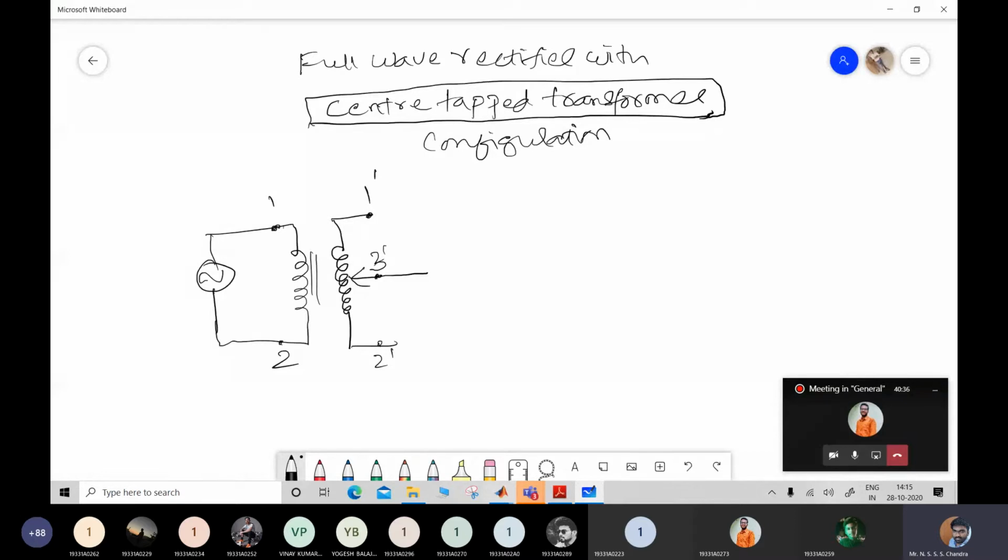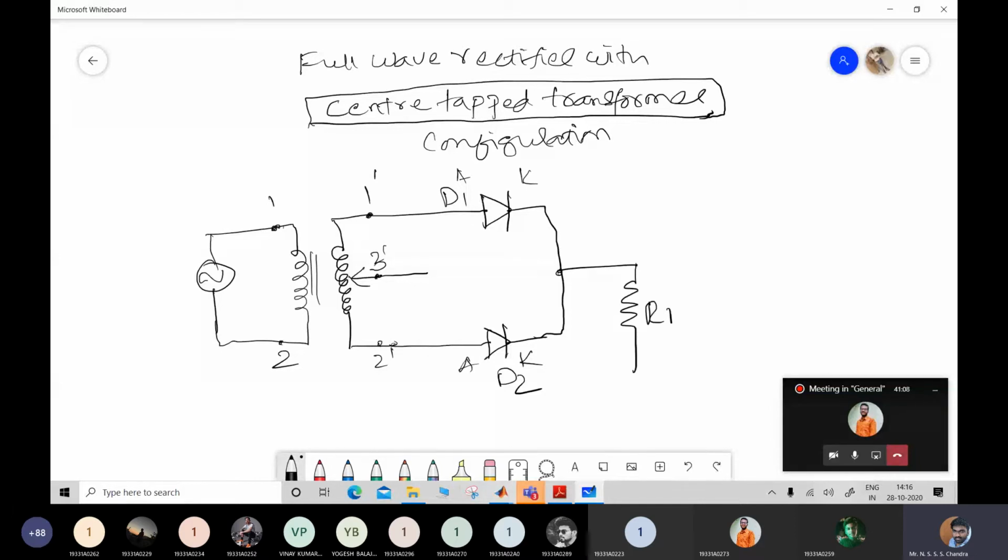And then from this, we'll be connecting 2 diodes. So diode D1 and then diode D2. So we'll join the cathodes of these diodes. So both the cathodes we are joining, and then the common terminal from the cathodes we'll take out, and then we'll have your load resistor.